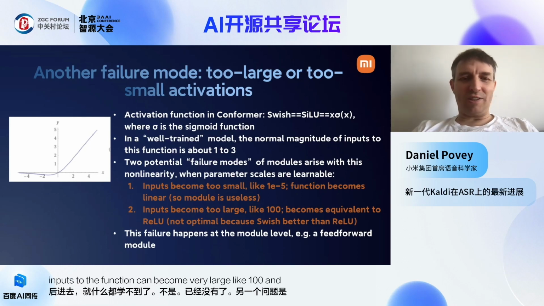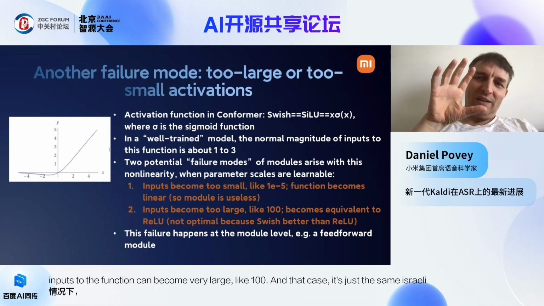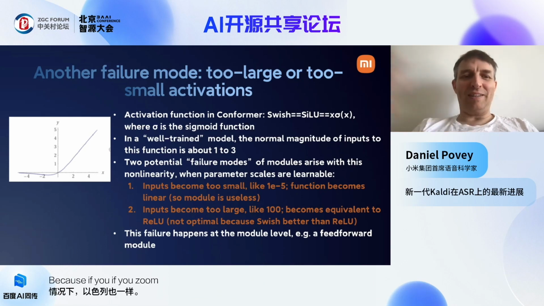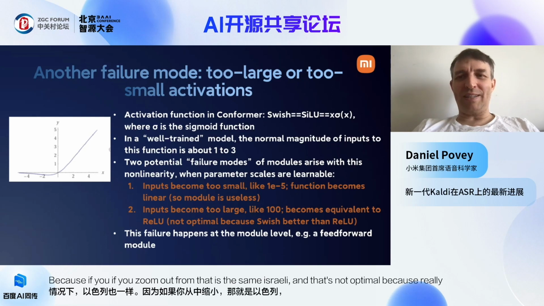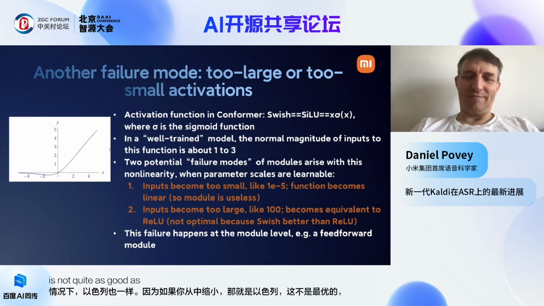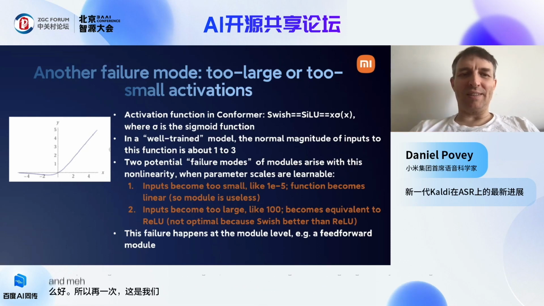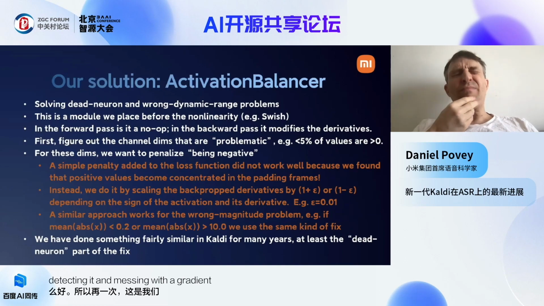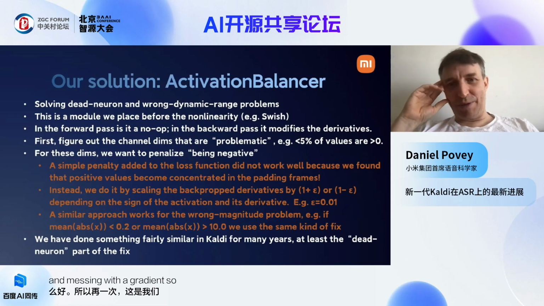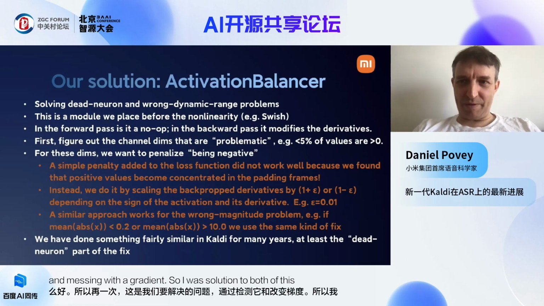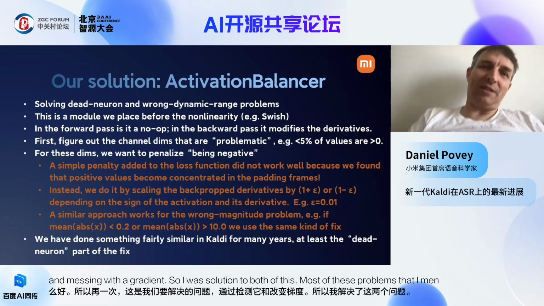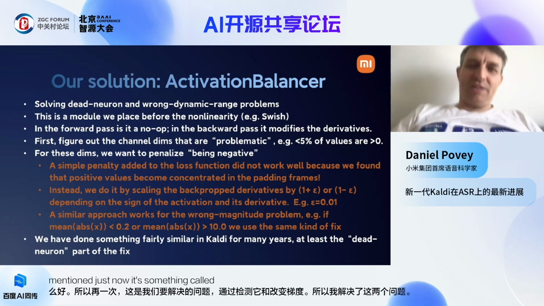In that case, it's just the same as ReLU, because if you zoom out from that, it's the same as ReLU. And that's not optimal because ReLU is not quite as good as this Swish. So again, this is something that we're going to fix by detecting it and messing with the gradients. So our solution to both of these problems that I mentioned just now is something called the ActivationBalancer.